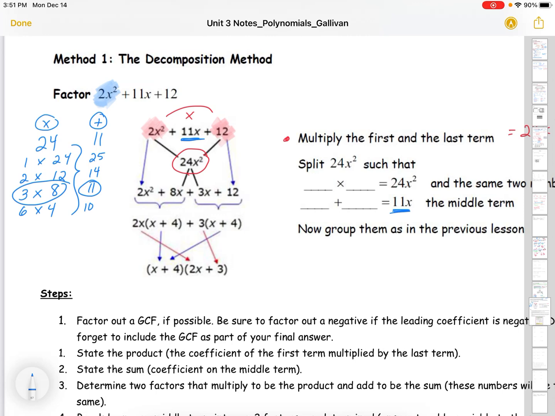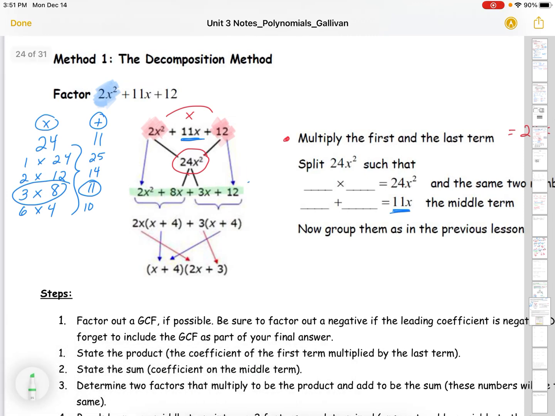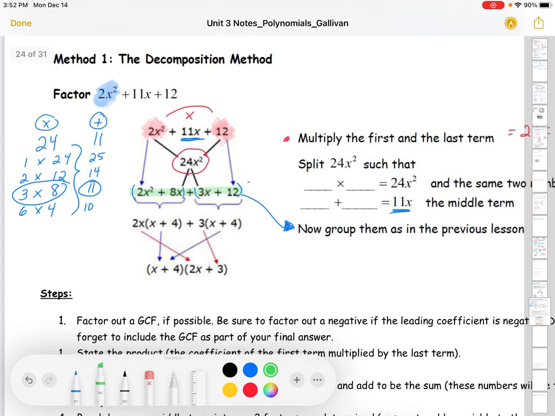Now what I do is I split the middle term into those two terms. And it doesn't matter what order you do it in. Here we have 8x plus 3x, but we could have done 3x plus 8x, okay? Then what we see here is we can now factor by grouping, like we were doing in the previous lesson. So I put brackets around the first two and the last two, and I'm going to factor them out.